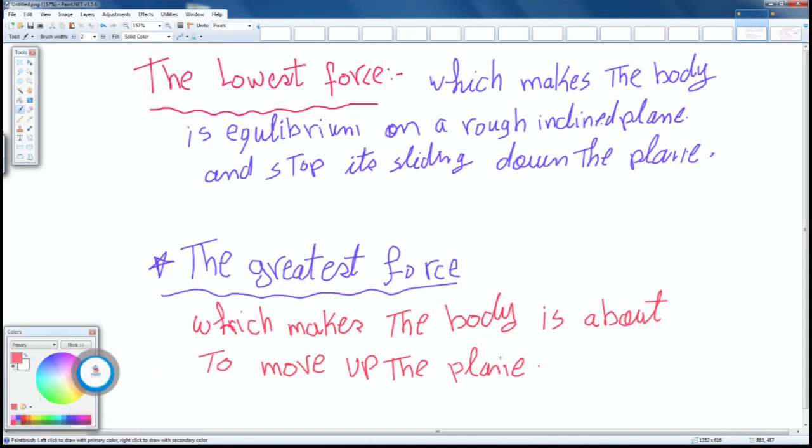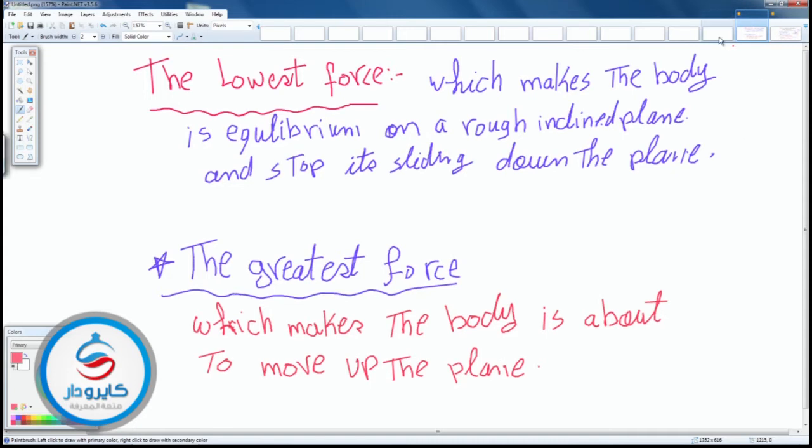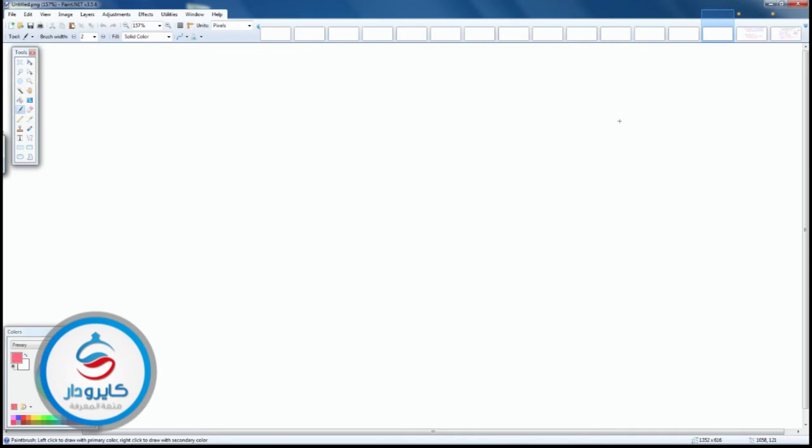So we have to try to solve some kind of problem now to make a good recognition of friction on the inclined plane. First we have to read it. A weight of 16 newtons on a rough inclined plane, it's noted that the body is about to begin motion down the plane under the effect of its weight only.